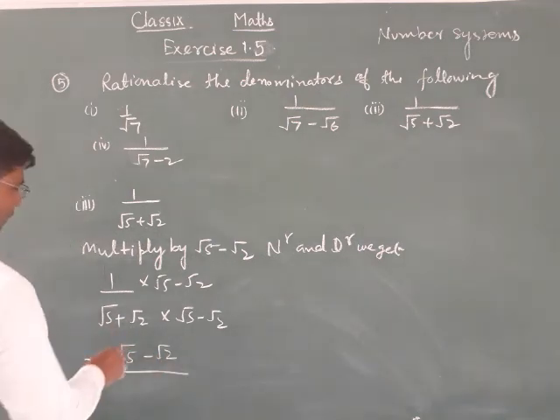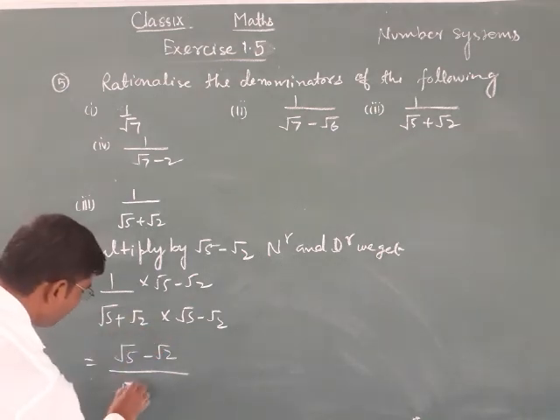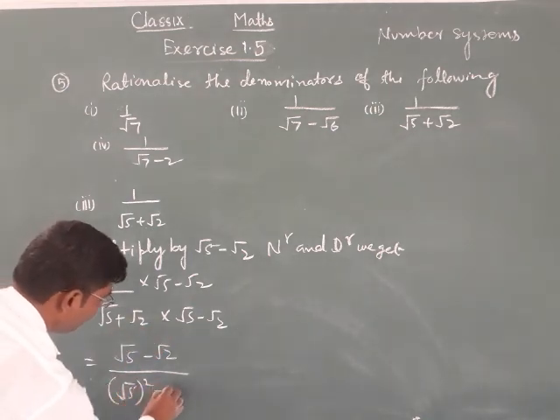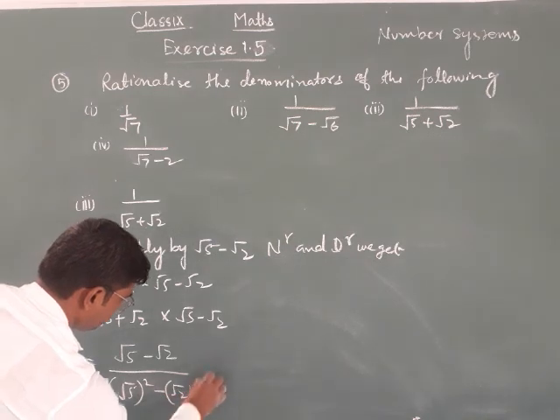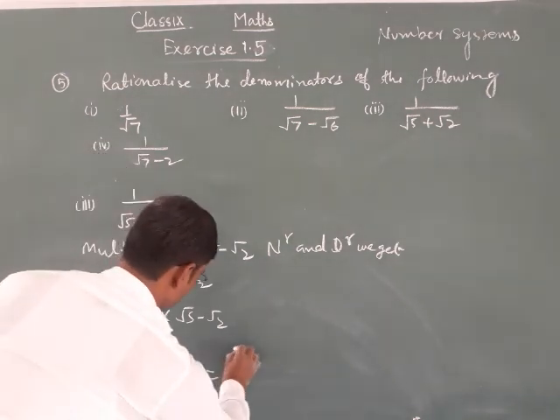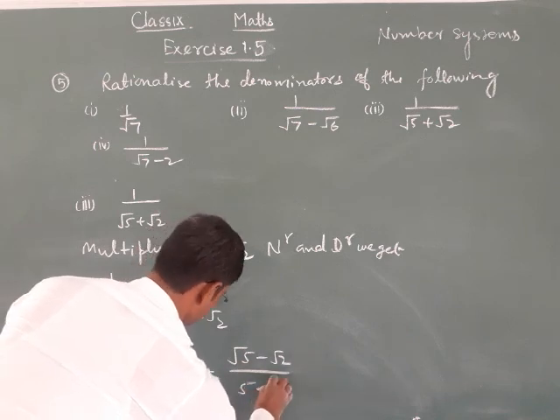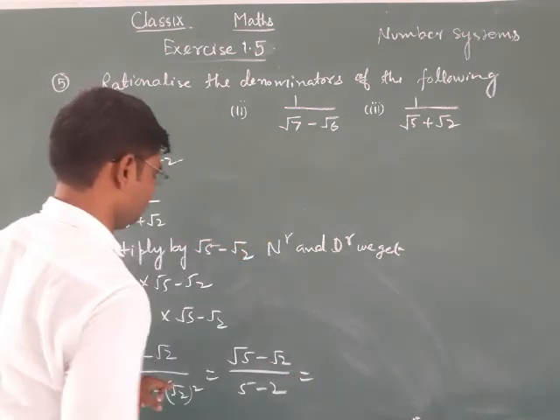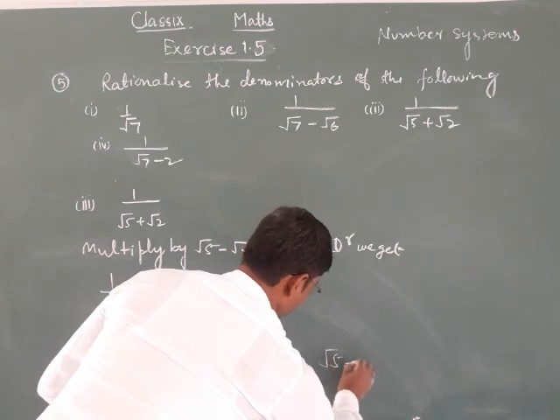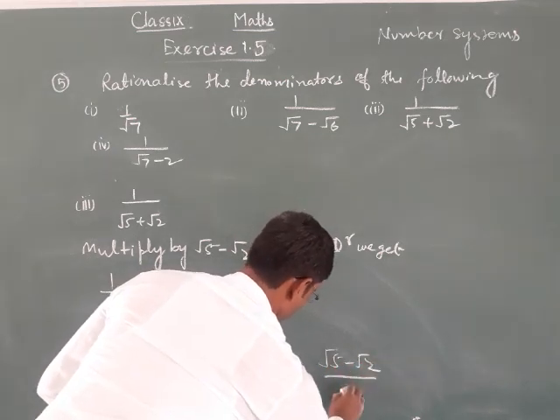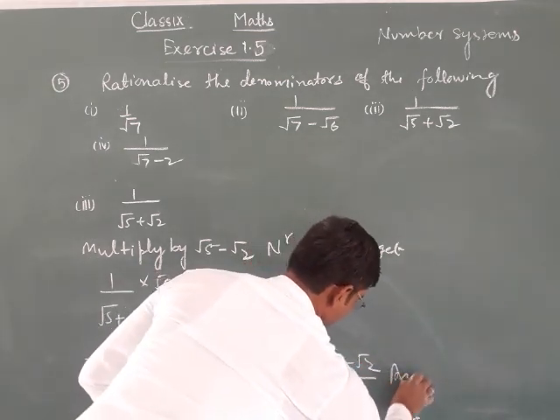In the denominator we use the identity: root 5 square minus root 2 square, which is 5 minus 2. So we get root 5 minus root 2 upon 3. This is the answer.